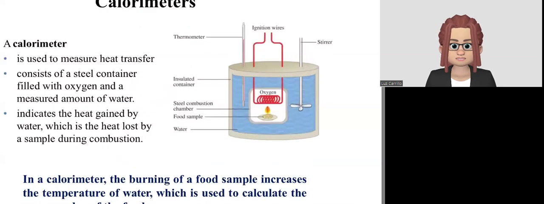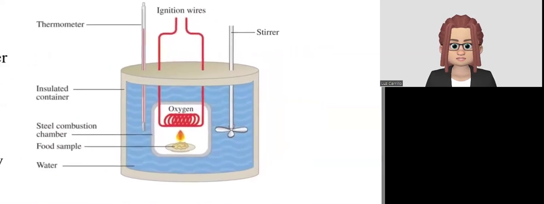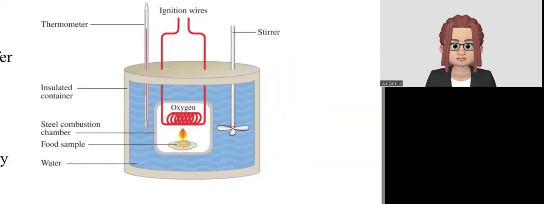We can see a figure here for a calorimeter, and we can see the components of a calorimeter, which include a stirrer, ignition wires, the water, we have food sample, we have a steel combustion chamber, we have the overall container, which is insulated, and lastly, we have a thermometer.